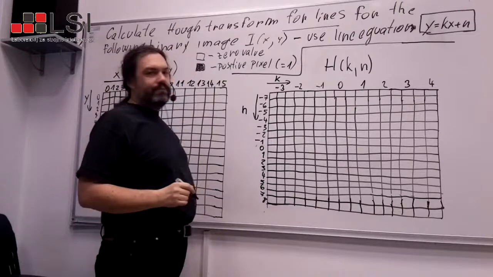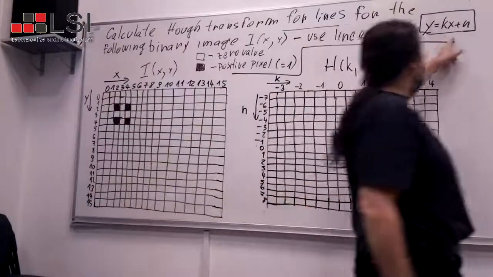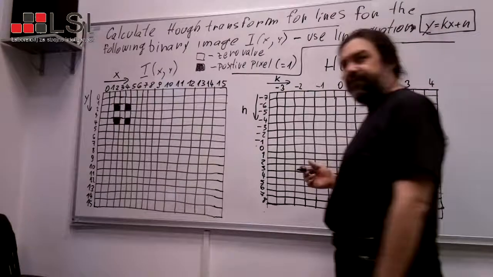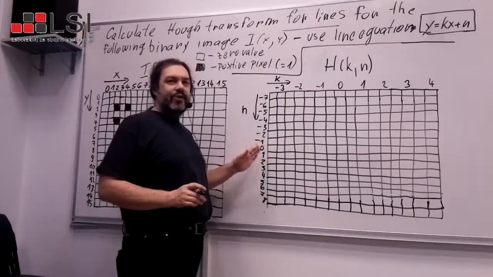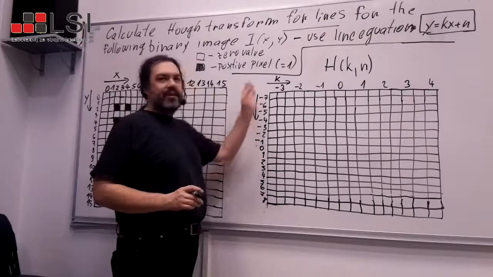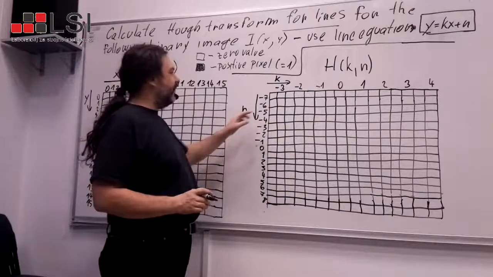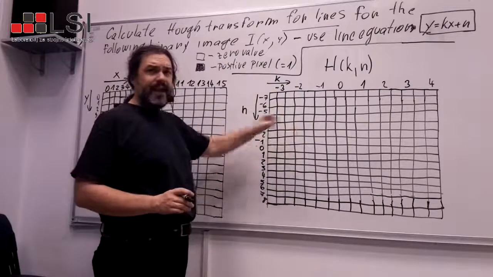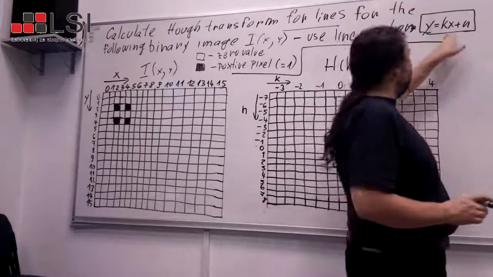So basically we need to turn around this equation so we have the explicit relation between rows and columns of our accumulator. You see we have K and N here. K and N are dimensions of the accumulator, and we have K and N here.